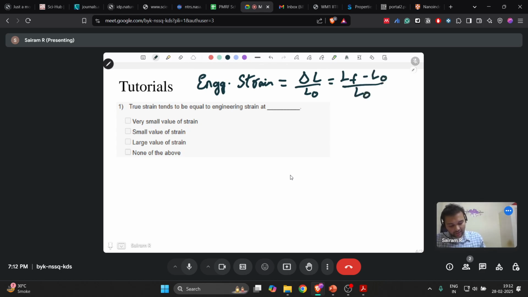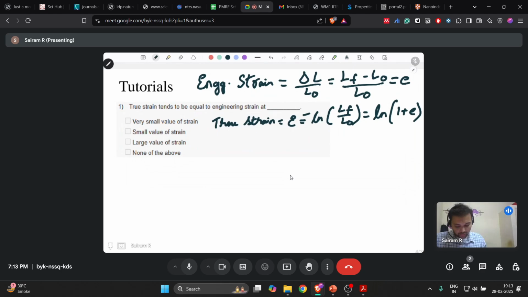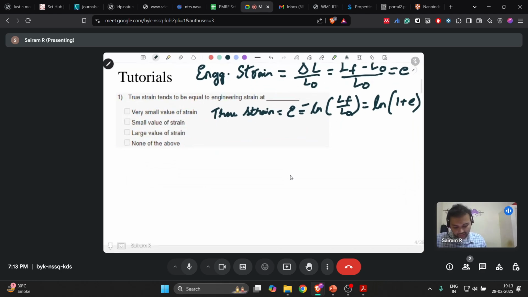This is represented as E. The formula for true strain is represented as epsilon equals ln of L_f by L naught, which can also be written as ln of 1 plus E. We saw these things in the previous class.